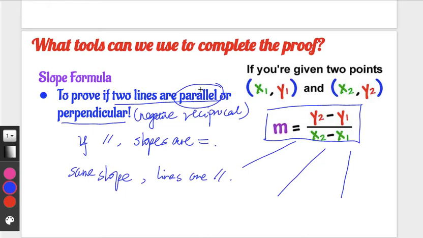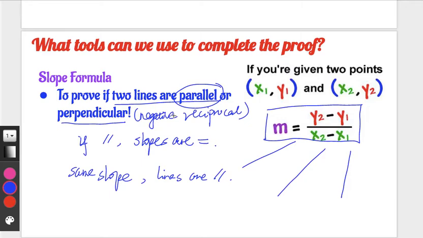We are going to focus on parallel. Using reciprocal slopes to prove perpendicular is going to be a different lesson. Today, on the very first part, if you need to prove two lines are parallel, then the slope formula is a good choice, because when two lines have the same slope, these two lines are parallel.